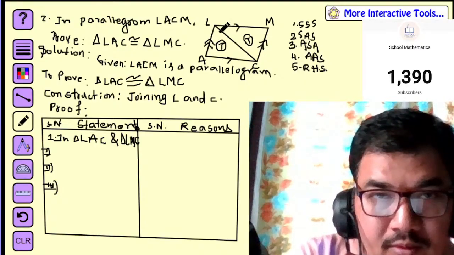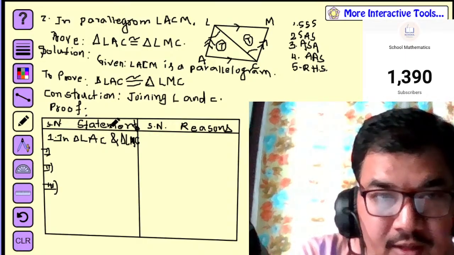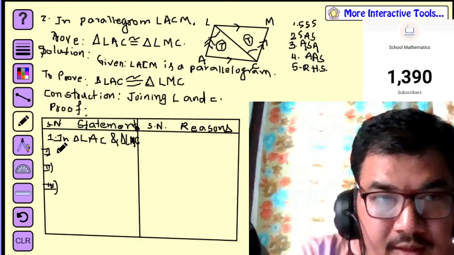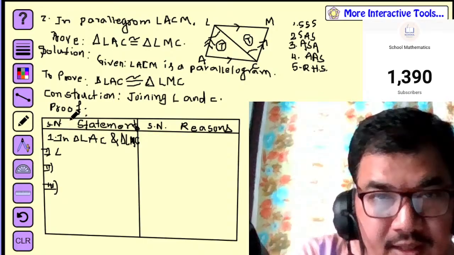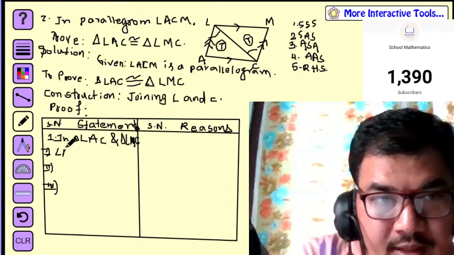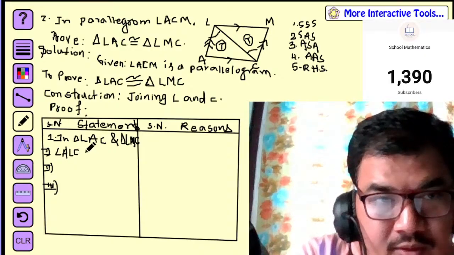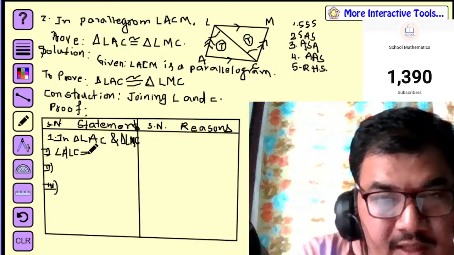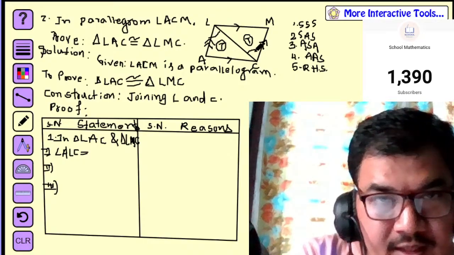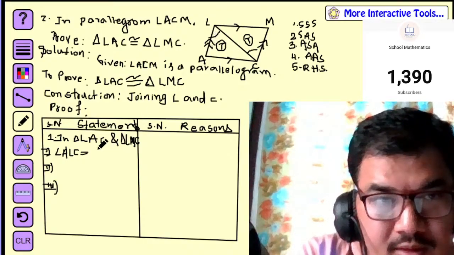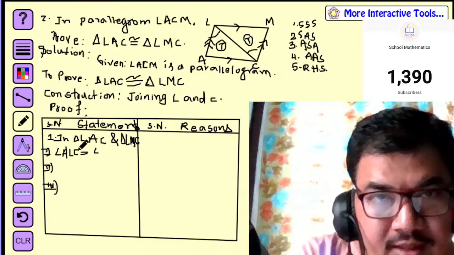Now see here. This angle and this angle are equal because they are alternate angles, right? Here we can use angle ALC. ALC is equal to the other angle, MCL. We could also show them congruent another way, but I am using this angle.